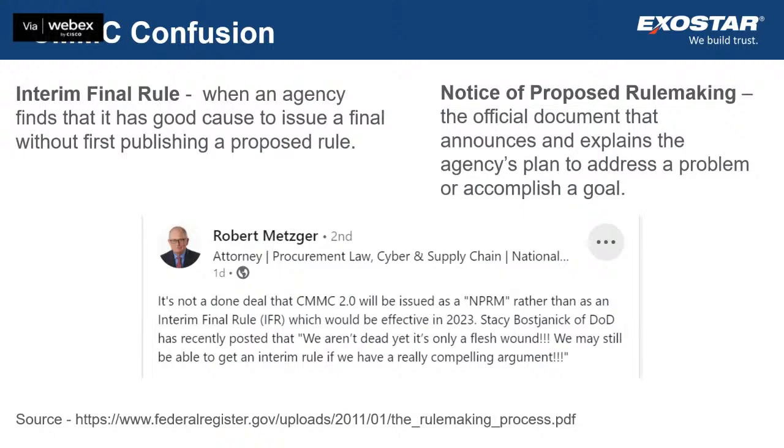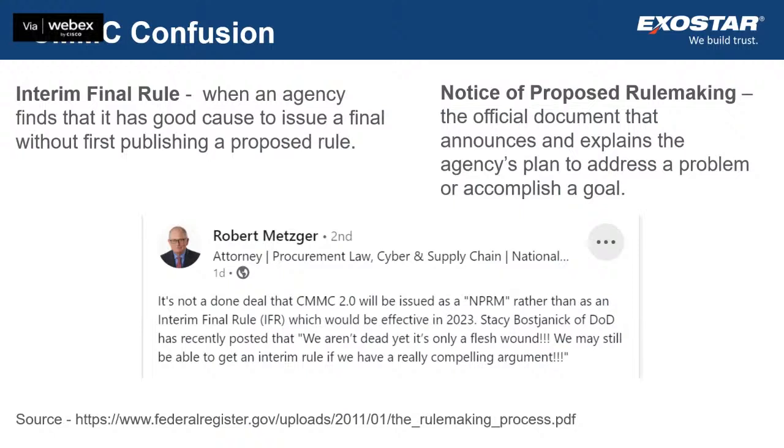And there's also some question of how it's going to be marked once it gets over to the OMB. Will it come out as an interim final rule? Most people are now expecting it to come out as a notice of proposed rulemaking.